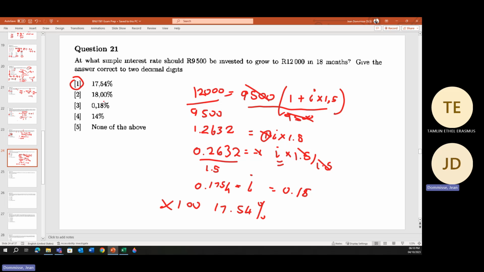So just be careful when you work it out that your final answer needs to be in a percentage.